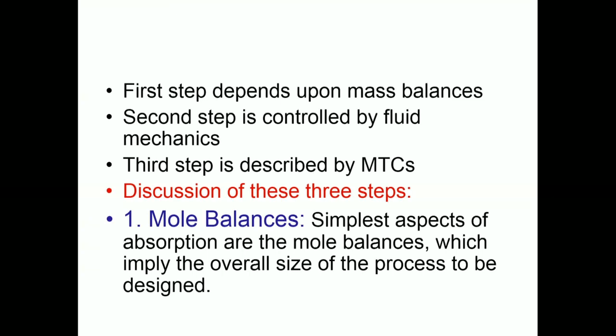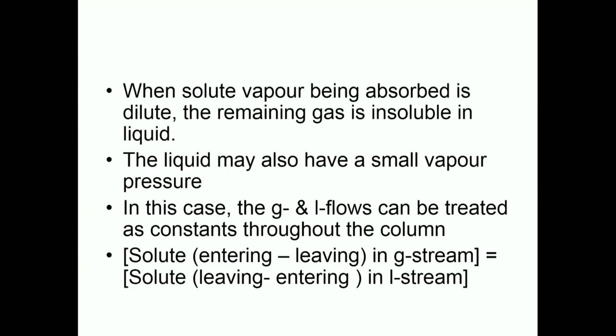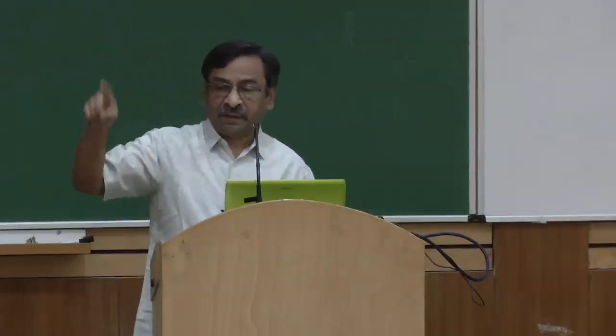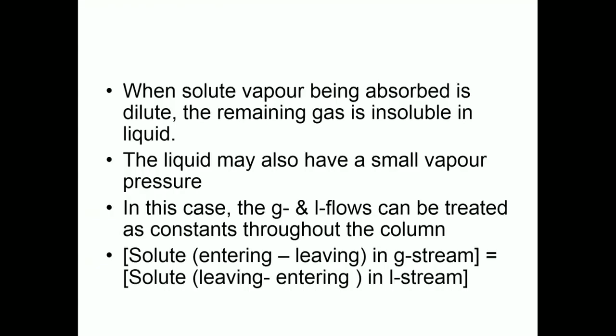Now, about the mole balances, this is the simplest one. We could consider for the tower scale control volume, this balance: solute entering with the gas stream minus leaving. So, this is the molar flow rate of solute entering at the bottom, and this is what is leaving at the top. This is what is lost by the gas.